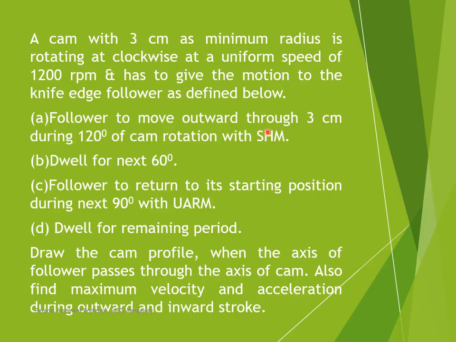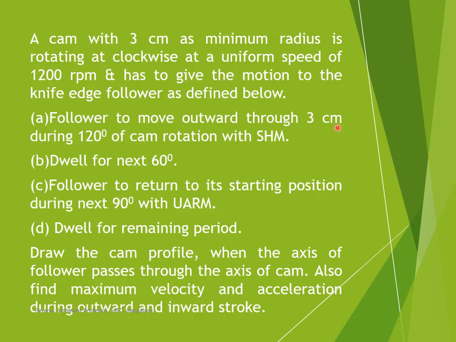So moving away, that means if it has to move away, it has to move in the upward direction, correct? So follower moving in the outward direction means it is going upwards. What is the distance? Through 3 centimeter. It is going up to 3 centimeters. So they have given the distance of movement from the initial point.